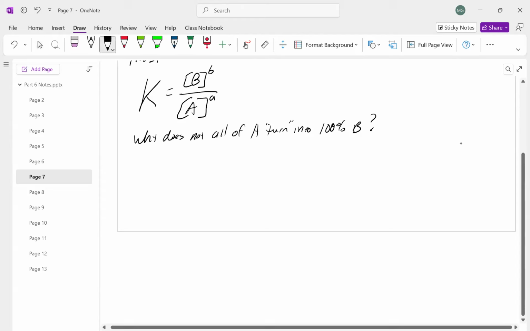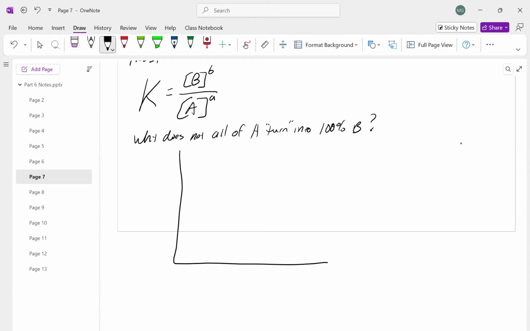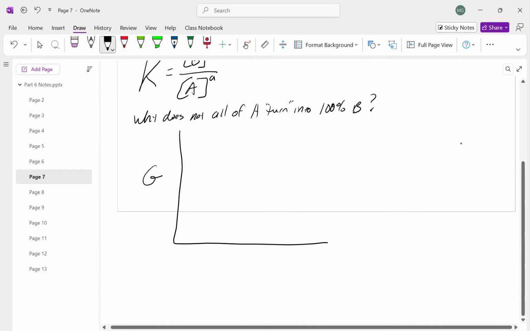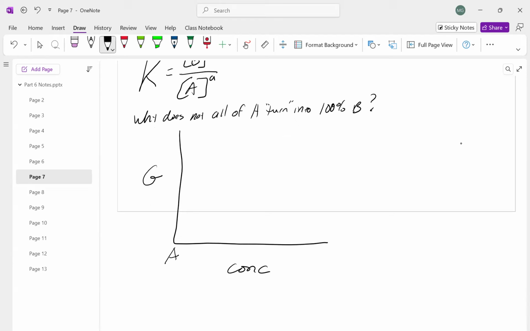We've got to look at the value of G. So let's set up this graph here. On the y-axis will be G, and on the x-axis will be the concentrations, where we're starting with 100% A here. So only A on the left and only B on the right.